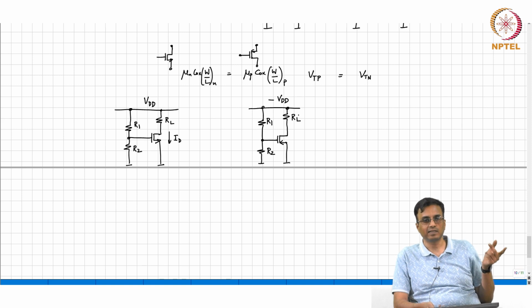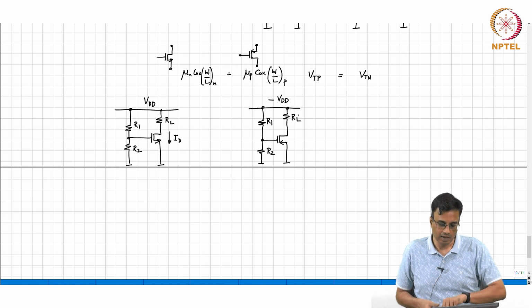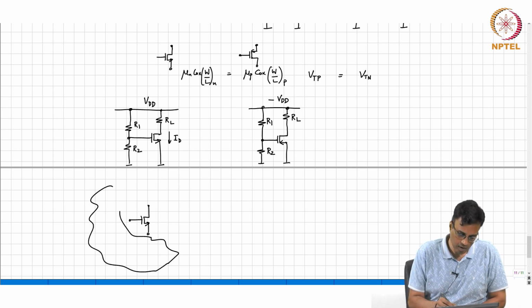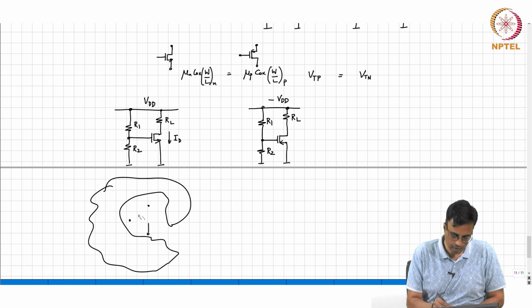All the VGS, the quiescent values, what have you done? Remember that in this case what you have is a transistor. Around the transistor you have some network with resistors, correct?